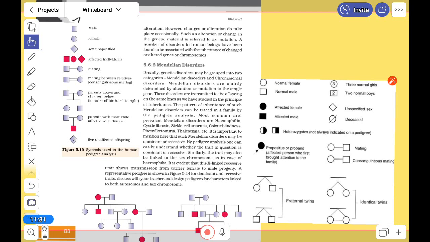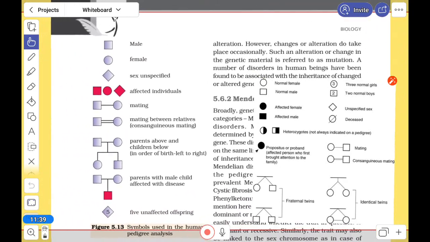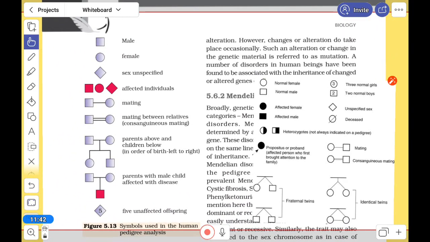Now we have to know some specific signs that we use here. First, these are the very basic things. This male is shown as a square. In your book it is designed a little differently, with shading and others.